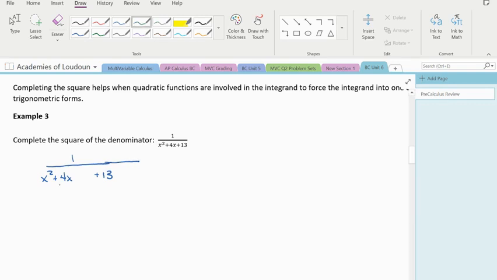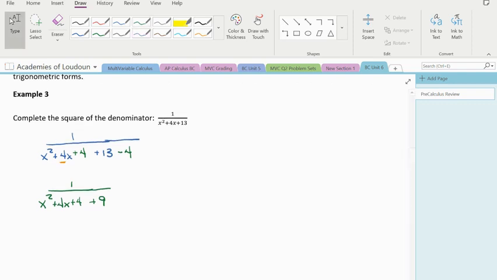I'm going to take this middle term of 4, divide by 2, which gives me 2, and square it. And I'm going to add 4, and then I need to subtract 4 because I'm still working on the same side of the equal sign. So this then gives me 1 over x squared plus 4x plus 4 plus 9.